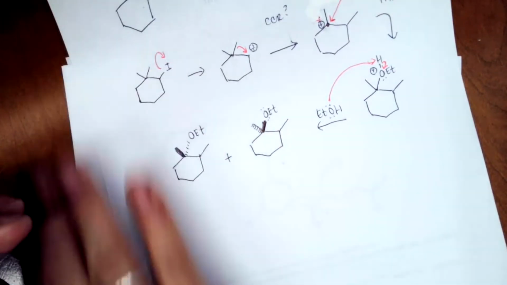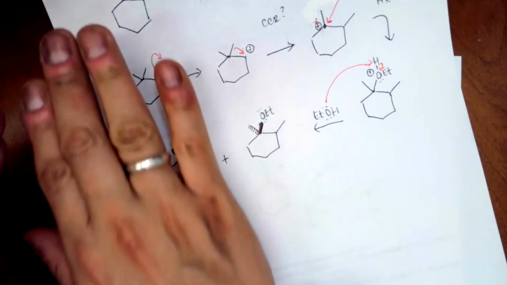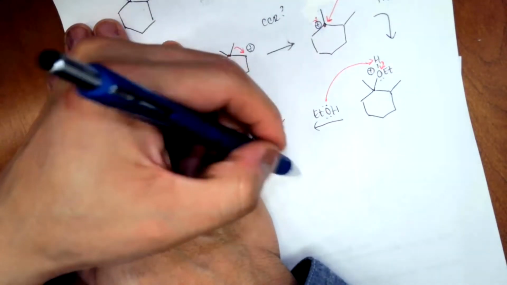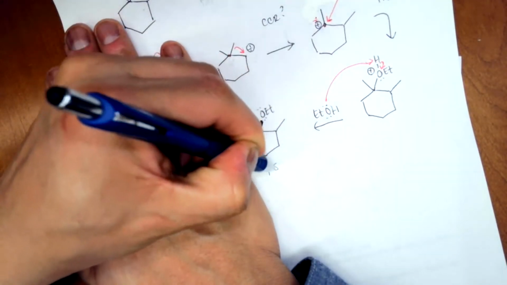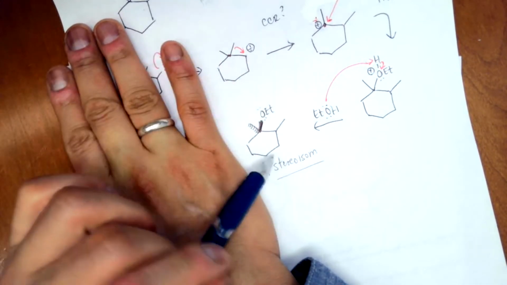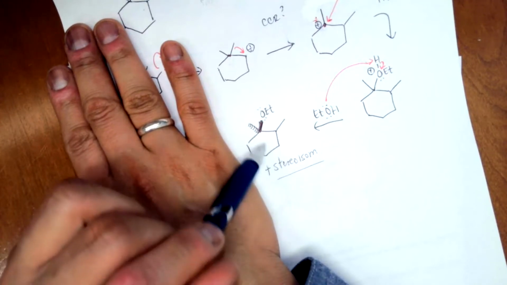Normally, you either draw both, or what the books will do is write one of them and then put plus the stereoisomer, so you don't have to draw it twice. I know that this one is 2 plus the stereoisomer. Or this.